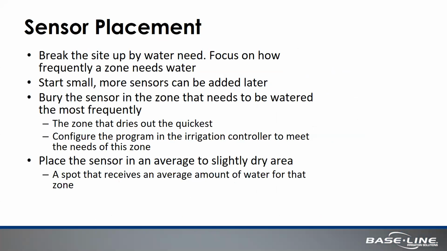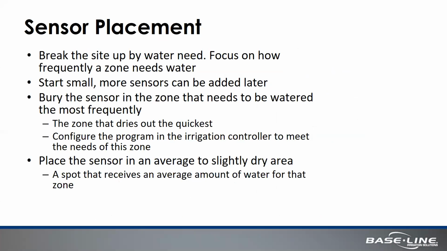So as we look at sensor placement and how to apply that technology in the landscape, you want to obviously take into account microclimates that may exist on a site, and you want to break that site up by water need.